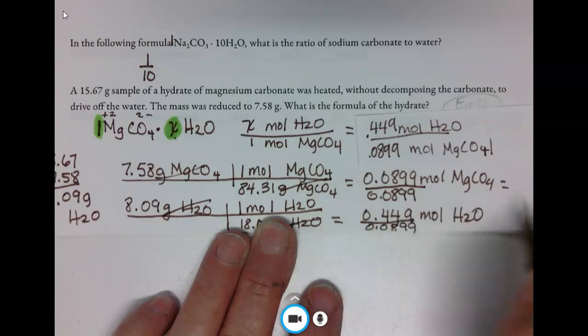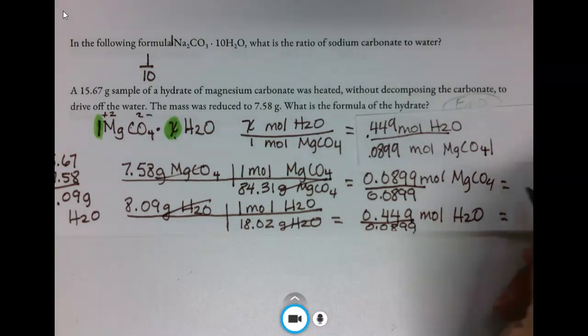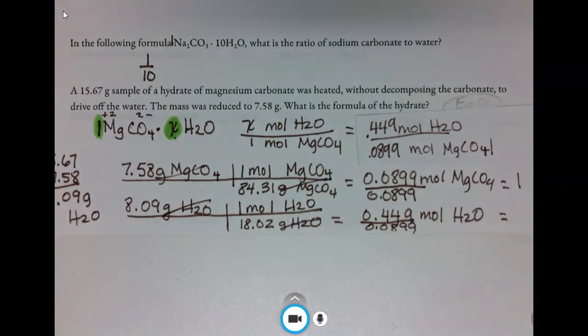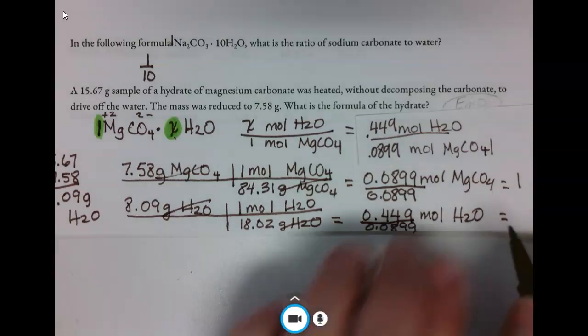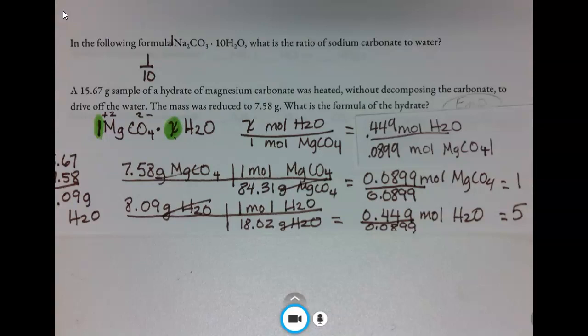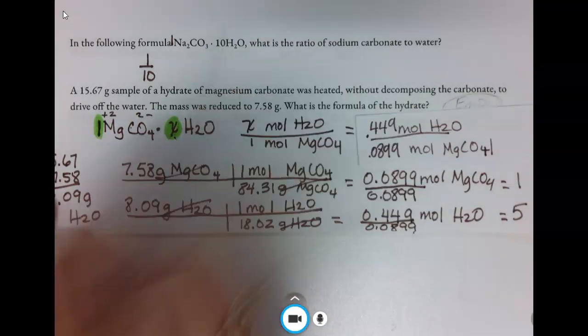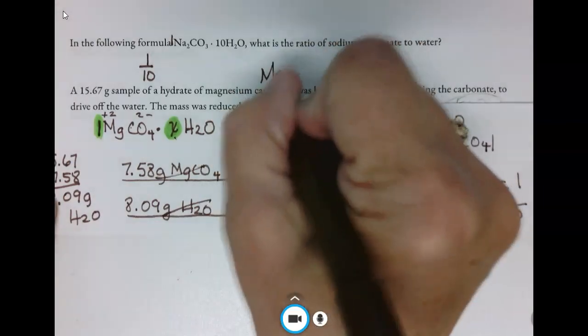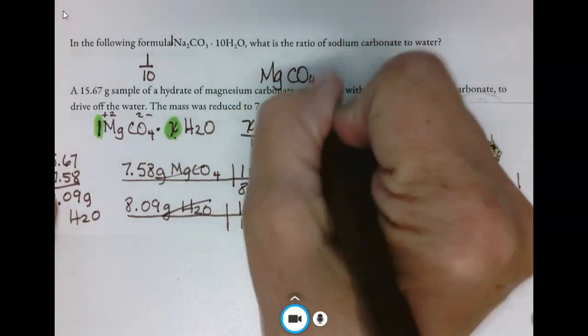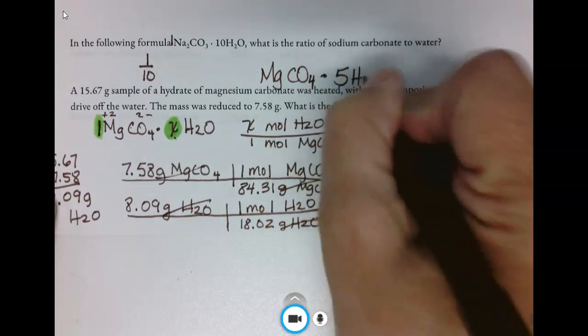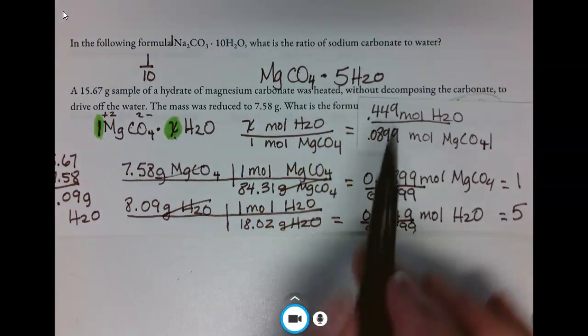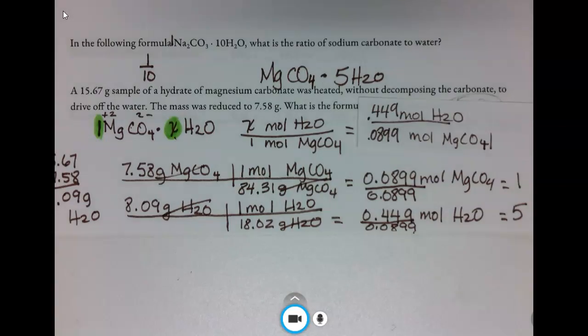When I divide, this is going to give me 1, and then dividing the other by 0.0899, it comes out to be 5.05, which is close enough to call it 5. Which means that this value right here will be 5. So my answer to this problem would be magnesium carbonate times 5H2O.